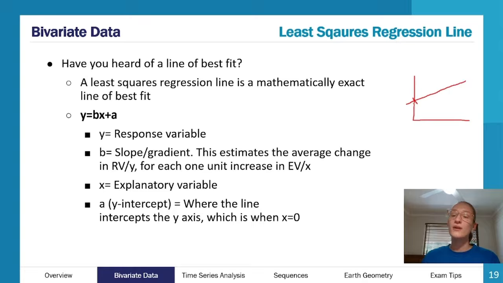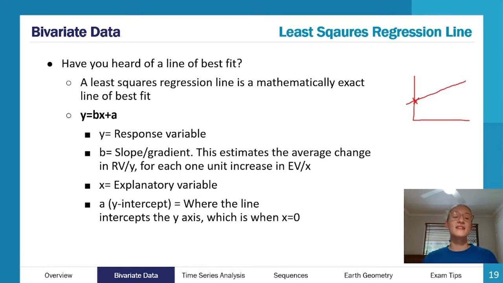This is our y-axis, so this is where our line intercepts our y-axis. And this is our x-axis, whatever our scale is, might be 0, 1, 2, 3, 4, 5. Where the line intercepts the y-axis, it's always going to be when x is equal to 0.